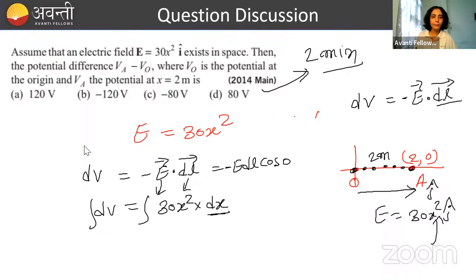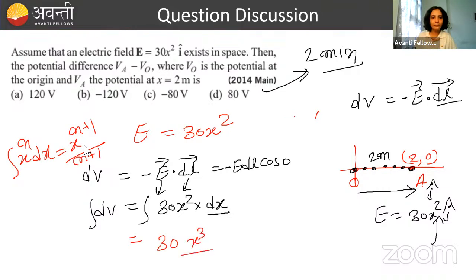तो यहाँ पे आप इसको क्या करो? Integrate करो. Now this integration everyone must be knowing कि x का power n dx का integration क्या होता है? X to the power n plus 1 by n plus 1. Use the formula. So here what you will be writing 30x cube by 3. Done. And x will vary from where to where? From O to A, yani ki from 0 to 2.